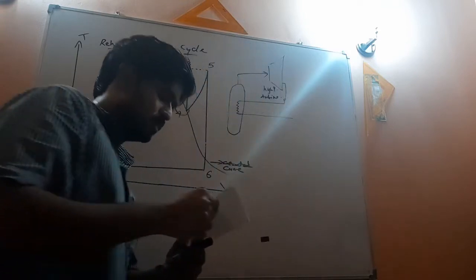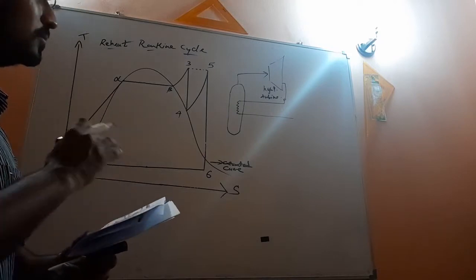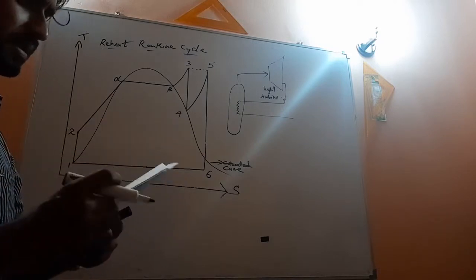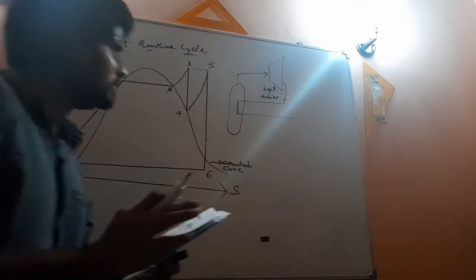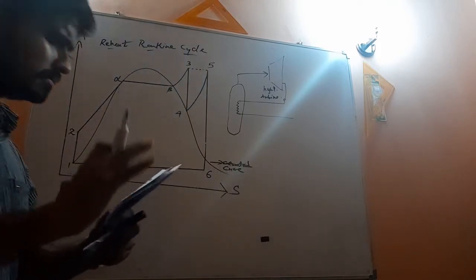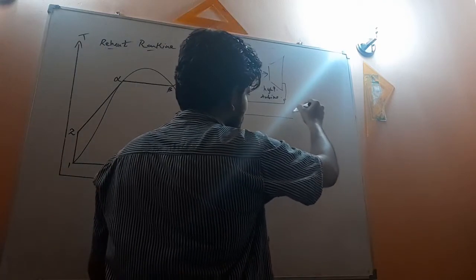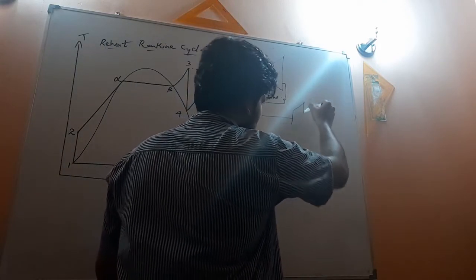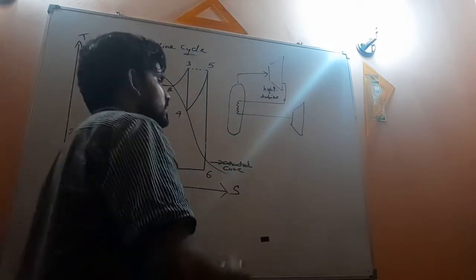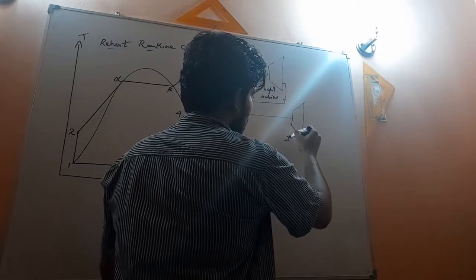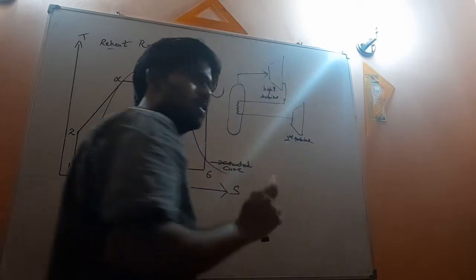Actually, according to the problem, both the turbines are connected through the same shaft. So for your easiness, I will sketch a different turbine like this, then it will be easy for you to understand. So this is another turbine, the second turbine, and you can also say low pressure turbine.